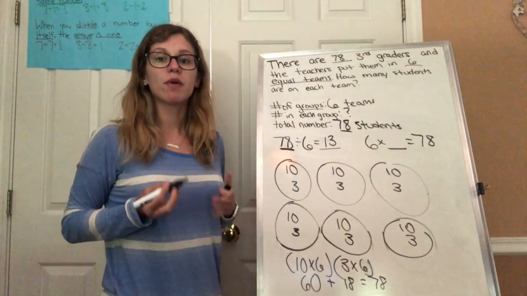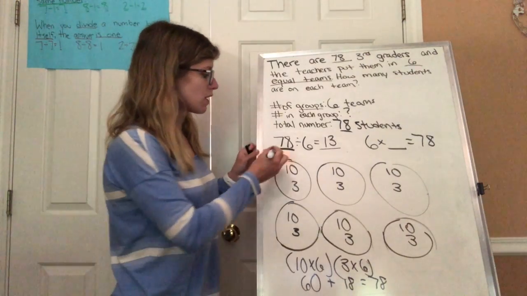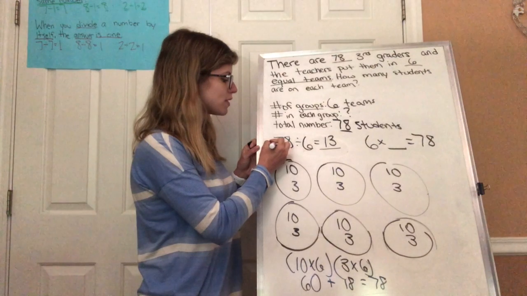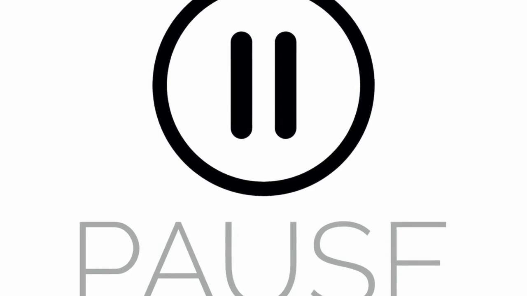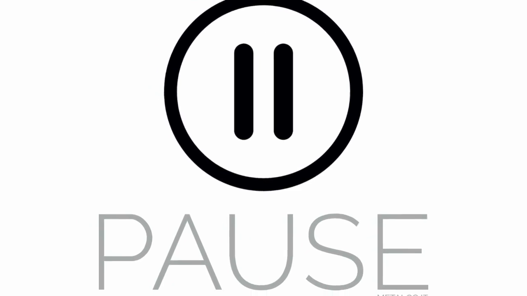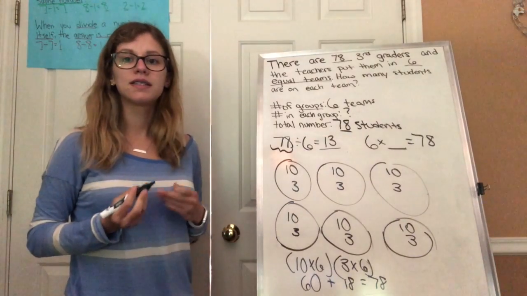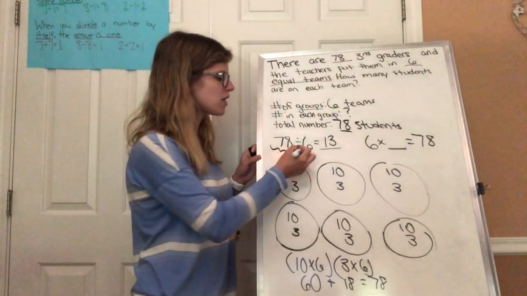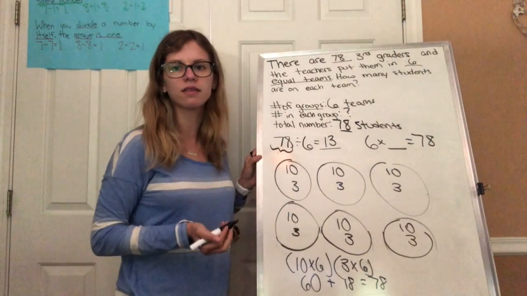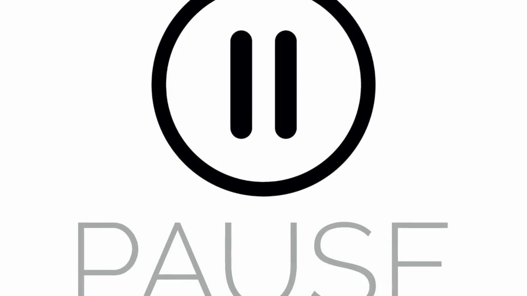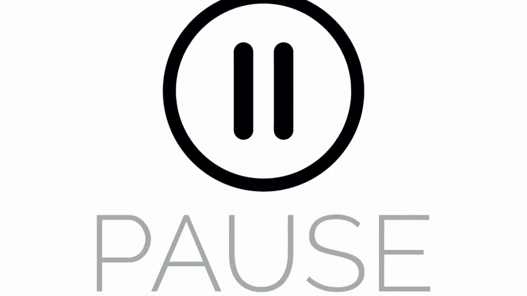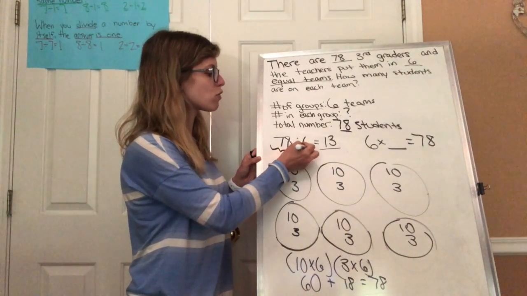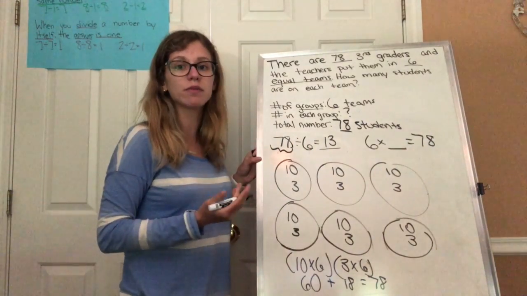So I want us to think about what these numbers represent. In this equation, pause me and think about, what does 78 represent? 78 represents the total number of students. Pause me and think about what 6 represents in this equation. 6 represents the number of groups or the number of teams.